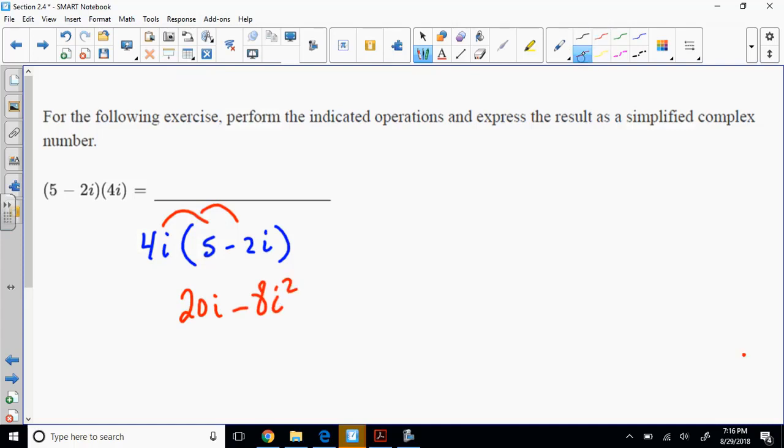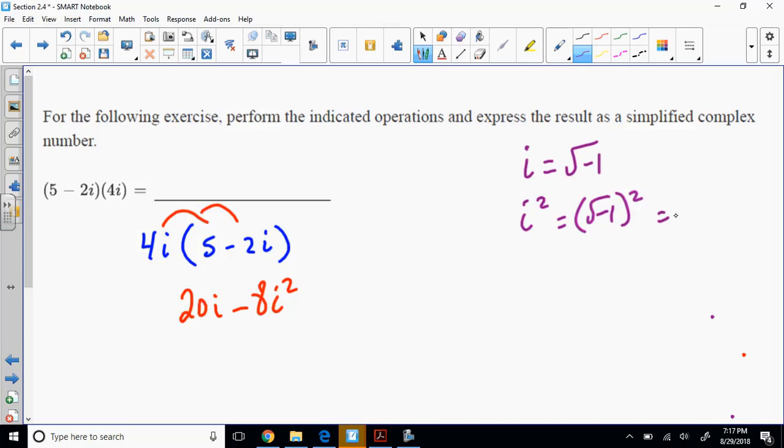Now, let's go over here. We need to make sure that we understand that i is what? The square root of -1, right? Now, i squared would be the square root of -1 squared, which is what? -1, right?